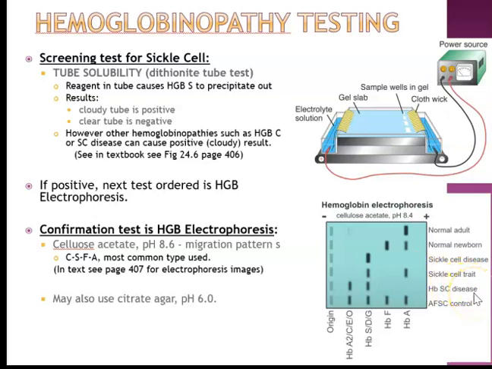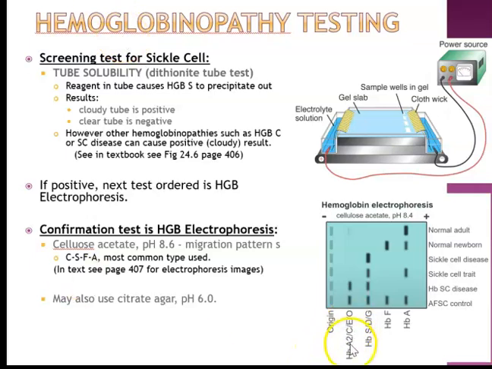For the hemoglobin SC disease patient, you're going to have the hemoglobin S showing up, and also the hemoglobin C. That was also one that was in that category. And then this is the control, and it should actually have all four possibilities, because this is just the control that was run during the test.